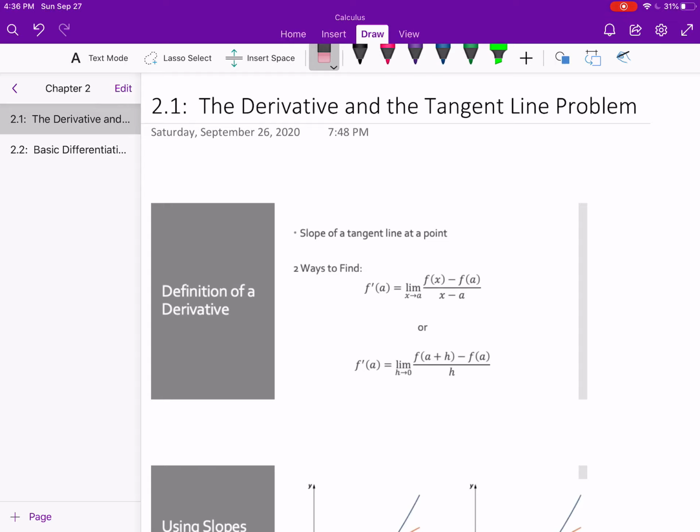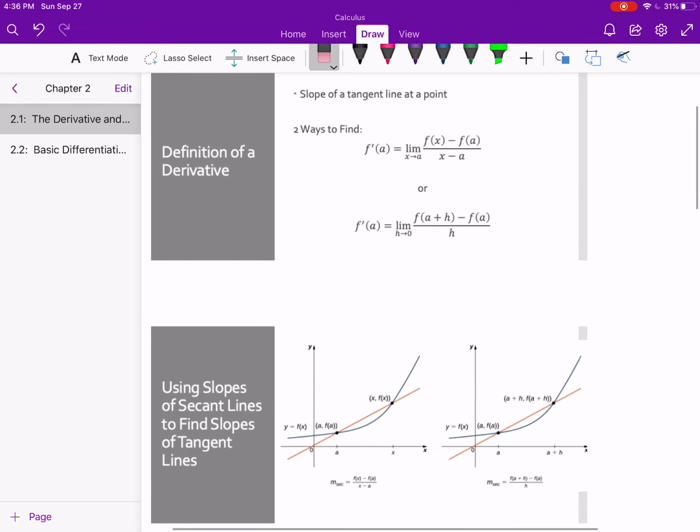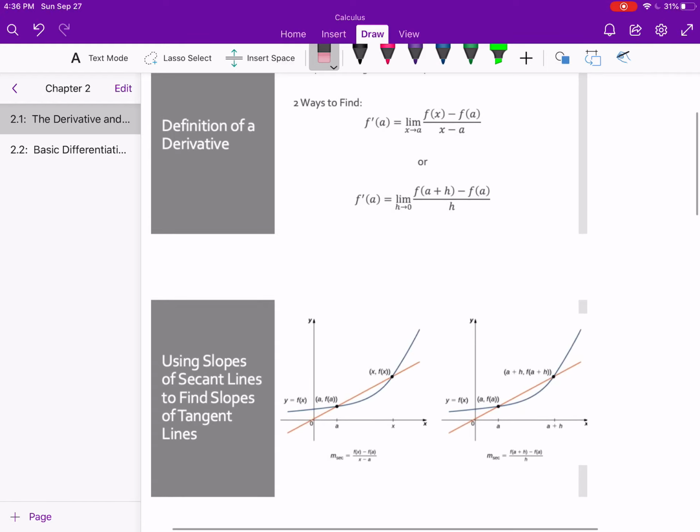What you'll notice is that these two functions inside the limit look a lot like the slope formula, because that's what we're actually doing. Looking here, this first one on the left goes with our first limit function.